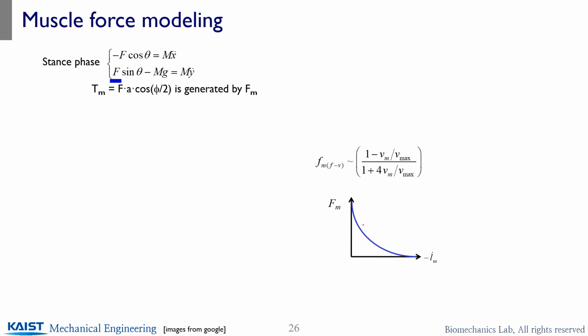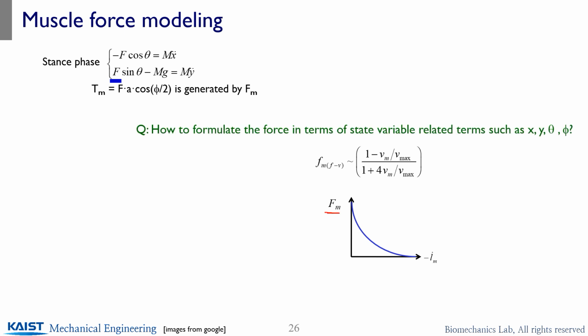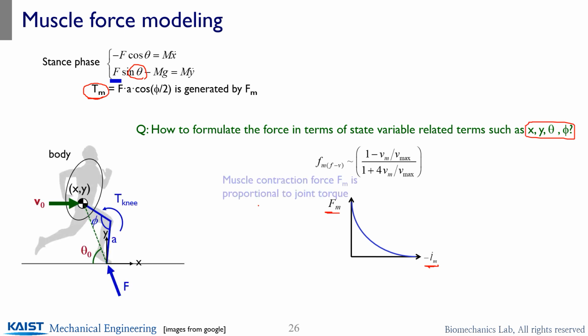Okay, the next step: we still have muscle force and muscle shortening velocity. And what we have from the equations of motion is the joint torques, knee joint torques, and all those thetas and phis, the variables that describe the point mass.